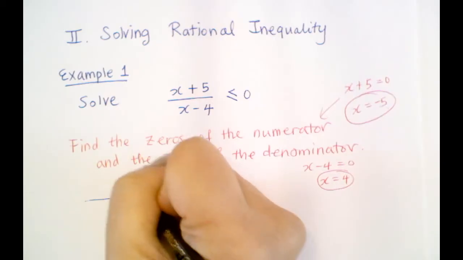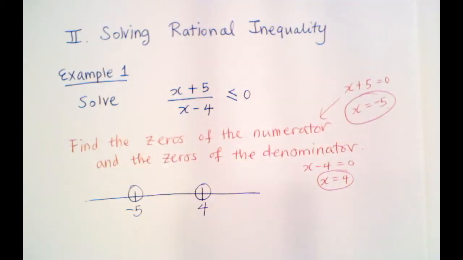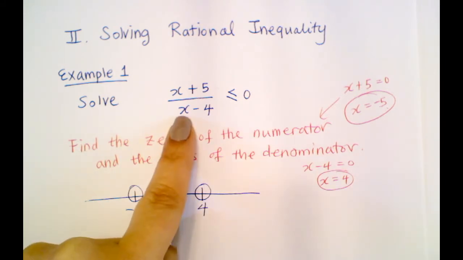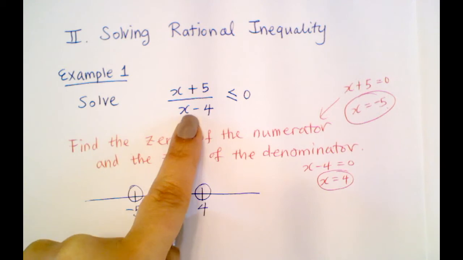Now draw the circles, but for rational inequalities, you have to be careful, okay? You will never close the circle for the zero of the denominator because we're not allowed to have 4 in this position, because 4 minus 4 will result in 0 in the denominator.